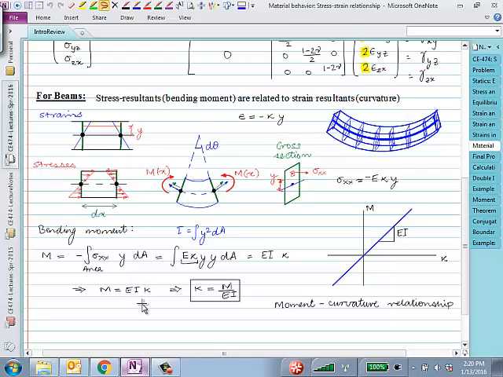By relating the strain to the stresses and calculating the bending moment through that, you can easily show that the bending moment at a cross section is equal to EI times curvature, and that's another reason why curvature is sometimes calculated as M over EI. So if you draw the bending moment diagram of a beam, and I ask you for the curvature diagram, all you need to do is divide by EI.